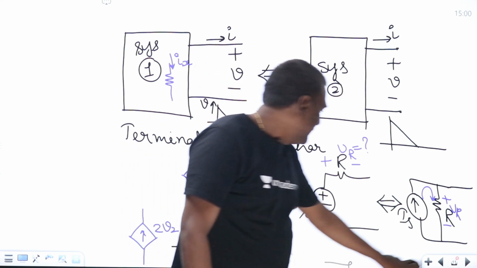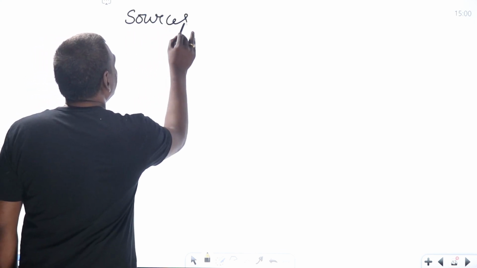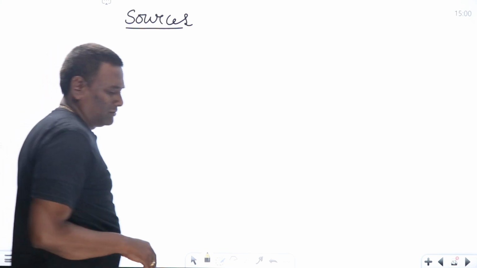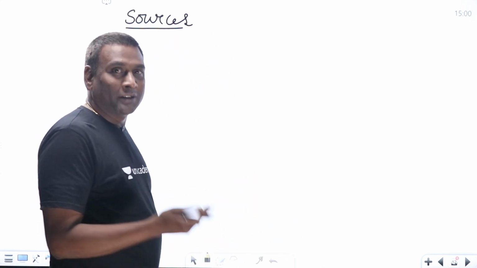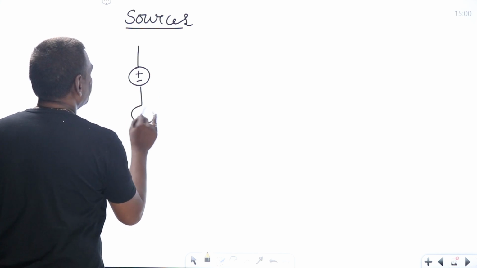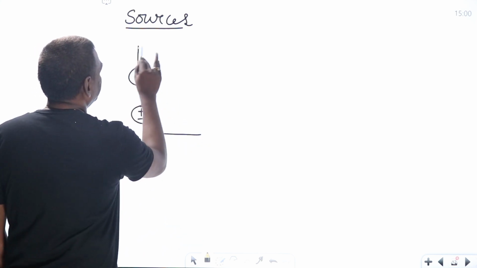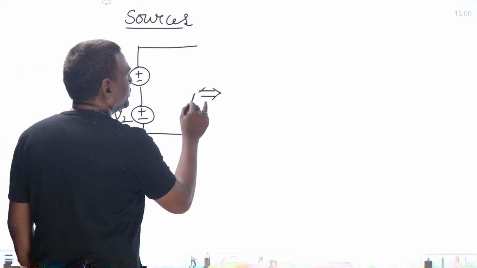Now, let us start with sources. Sources already we know, right? If two voltage sources are connected in series, it will be V1 plus V2. But some conclusions are very important. See here, this is V1, V2. Equivalent is going to be V1 plus V2.